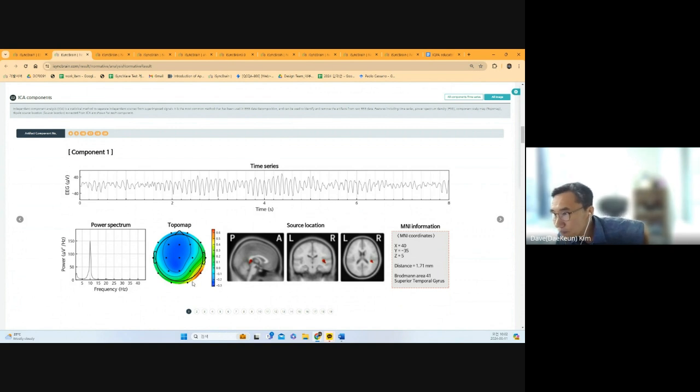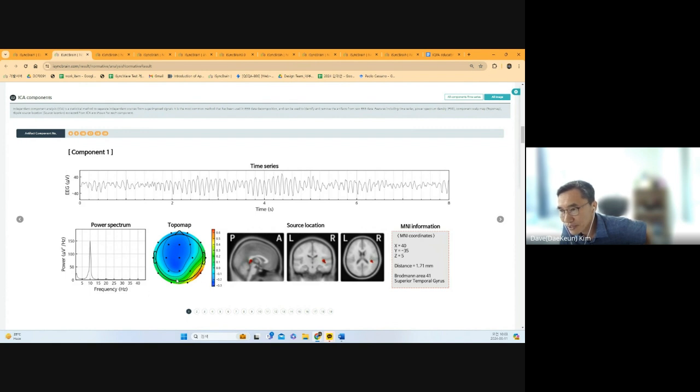In the component, you can see the first component starts coming from the superior temporal gyrus. You can see x equals right hemisphere, y equals -35. That is not the back of the head, because the posterior occipital area is usually y equals -90. -35 is not so posterior, it's the temporal area, the right temporal area, having this kind of alpha activity.